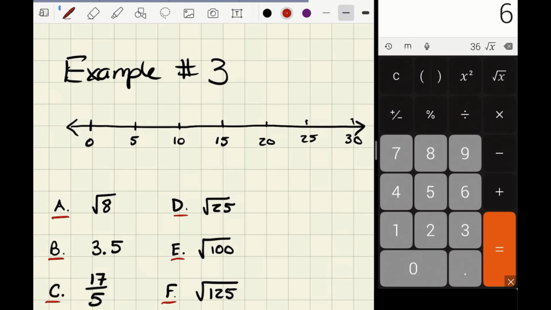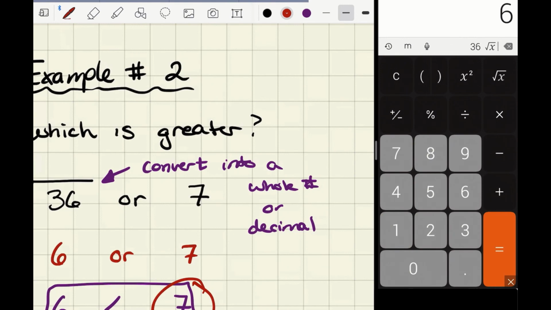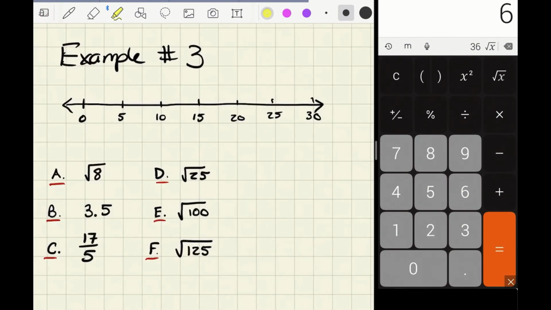First thing that you do in any problem like this is that you convert all of your square roots into whole numbers or decimals. Okay, so let's go back to our example. Let's just start plugging in these numbers. So 8 on the calculator, square root is 2.83.